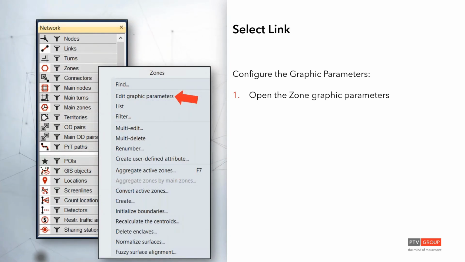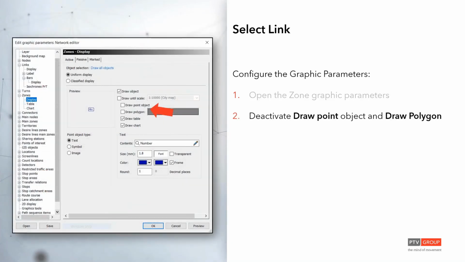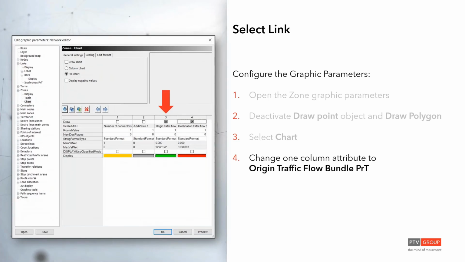We're going to do the same thing we did with the links, and start with edit graphic parameters of zones. We're going to turn off the default zone look, which is the geometric shape and the text icon in the middle. Then there's an option on the edit graphic parameters window called select chart, so we can create different types of charts on our zones.